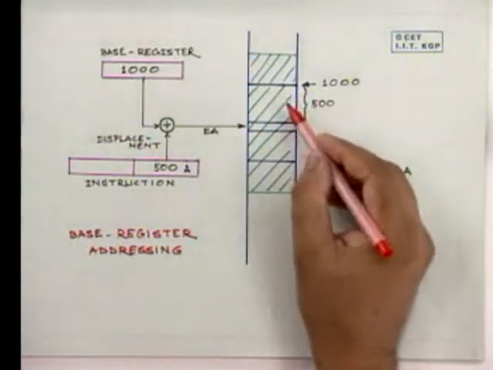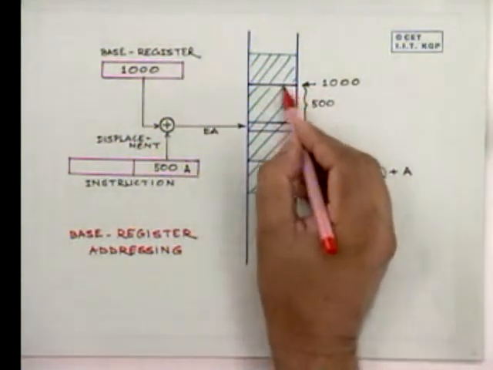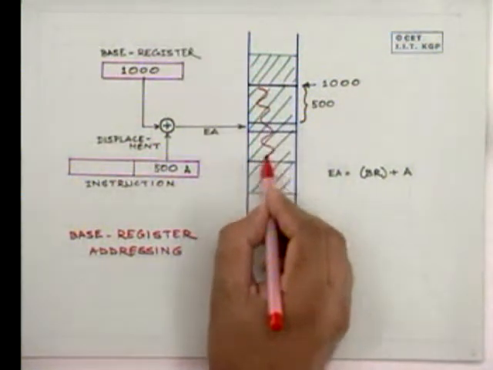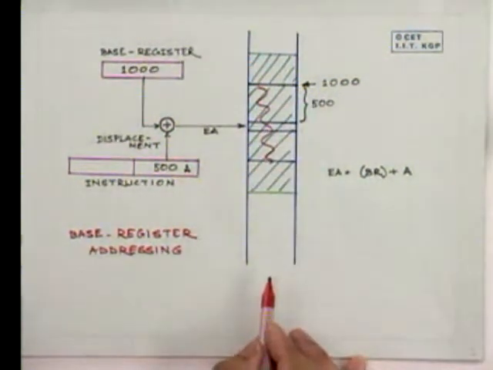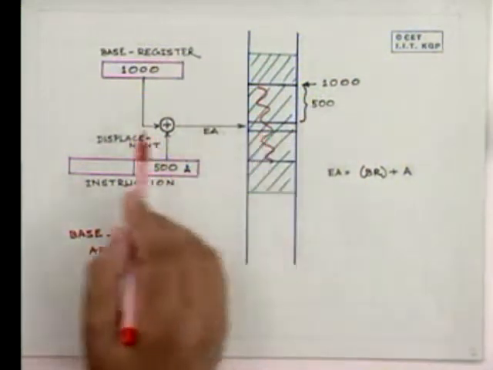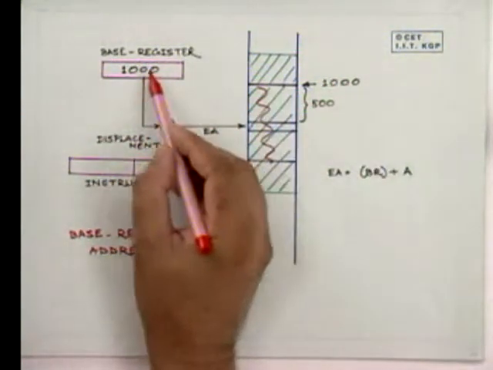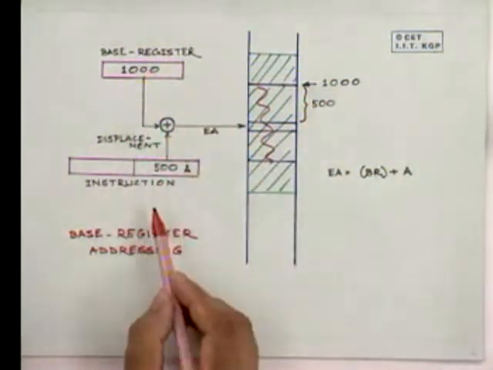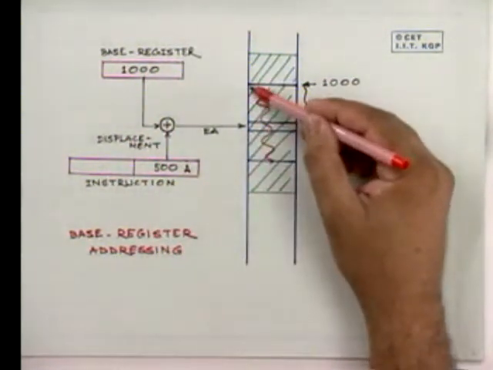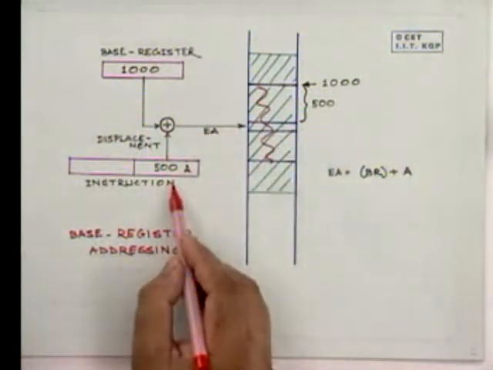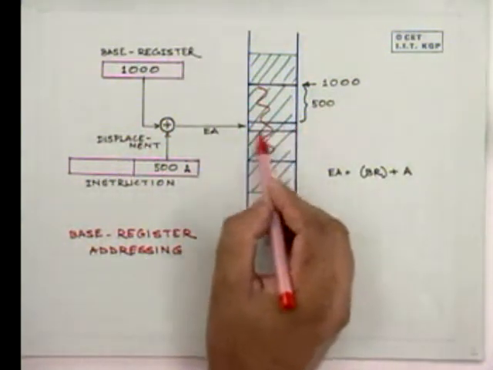Now let's see, for example, how this can be useful. Say this is a data area in a program. What we can do is this, that the base address of that data area, which is 1000, can be loaded in the base register, and displacement in terms of the base register can be specified in that instruction itself to come to the particular location.